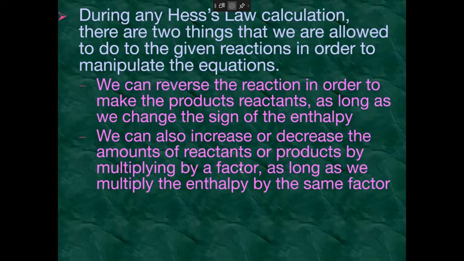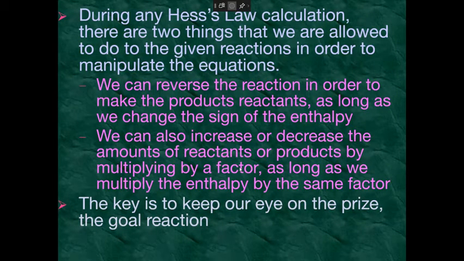You can also increase or decrease the amount by changing the coefficients. You can change the coefficients by multiplying by a factor. If you multiply one thing by that factor, you have to multiply everything in the equation, including the enthalpy, by that factor.